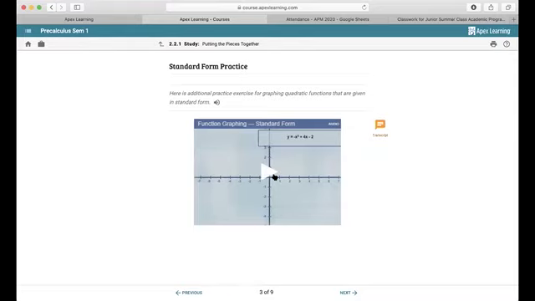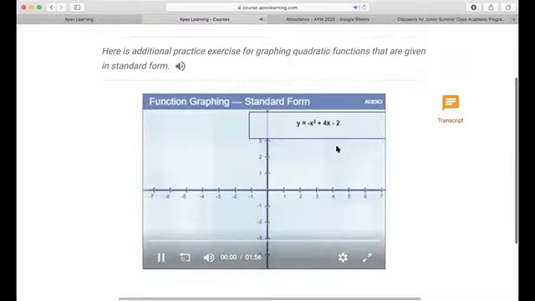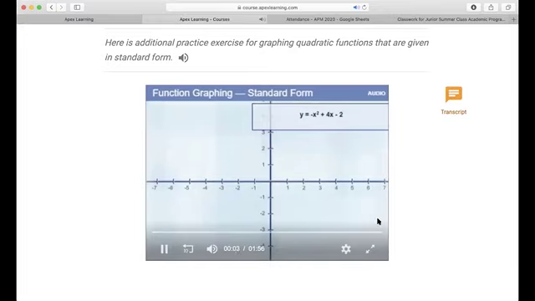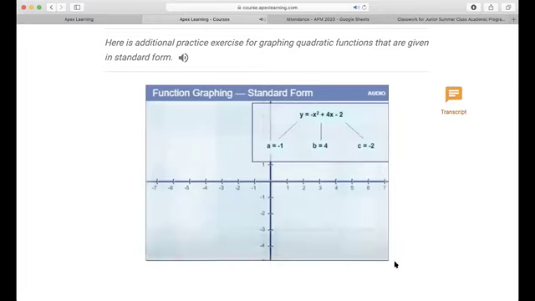Another exercise here, 2 minutes. Now practice graphing another function written in standard form. First, you can see that the graph will open downward since a is less than 0. Next, find the y-intercept. To do this, first set x equal to 0. The function then indicates that when x is 0, y is -2.